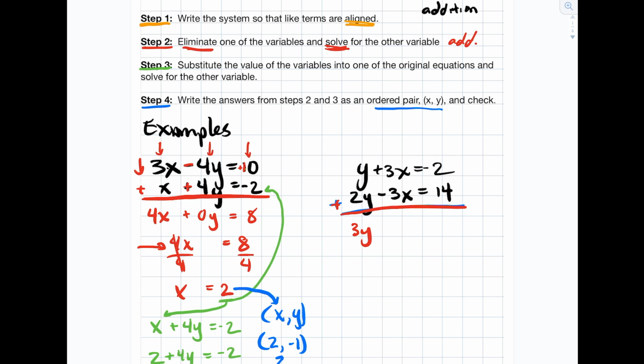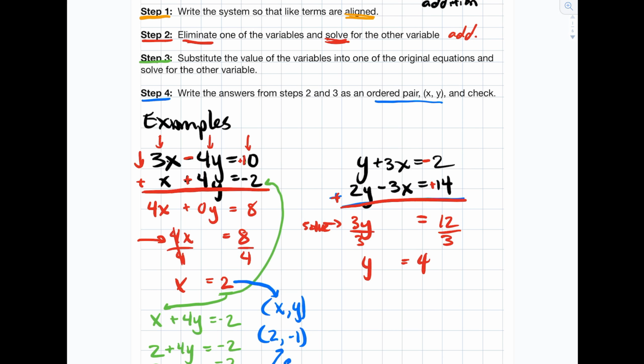When you add these x's together, they cancel out, which is why it's called the elimination method, because the x eliminates. Negative 2 plus 14 becomes 12. Now we can solve this equation. Let me divide by 3 on both sides, and 3 goes into 12 4 times.